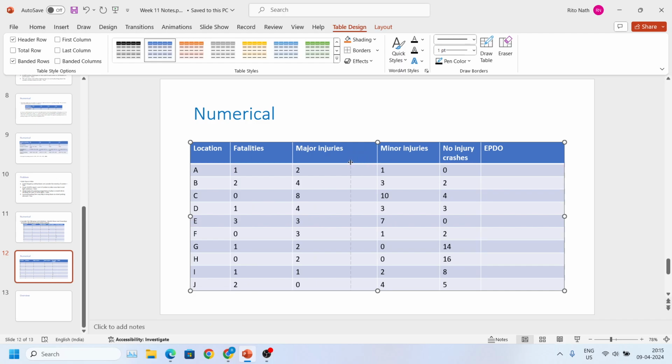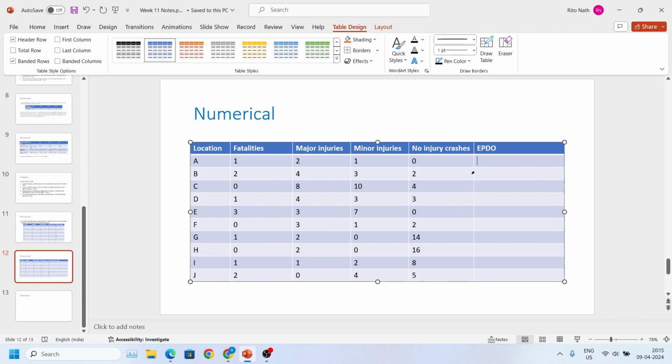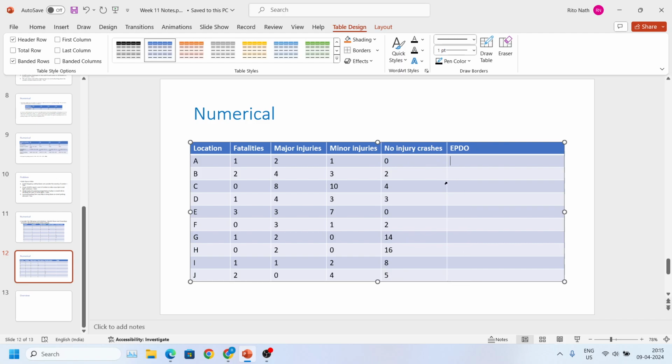So the formula here is 33 times fatalities plus 15 times major injuries, which is 2 for this, and then you have 1.16 times minor injuries plus 1 times no injury crashes.